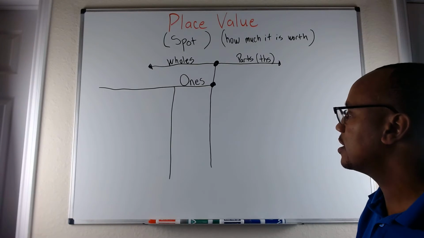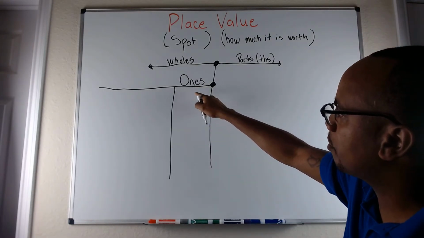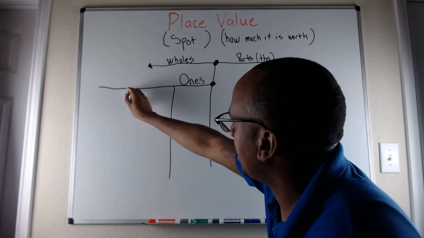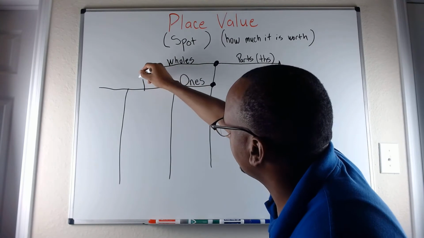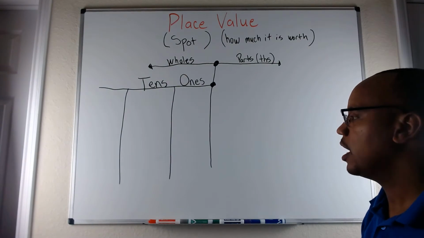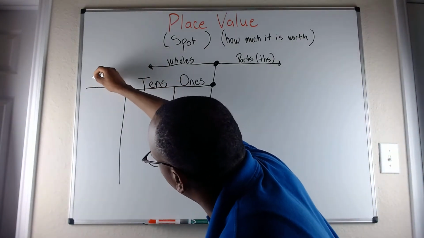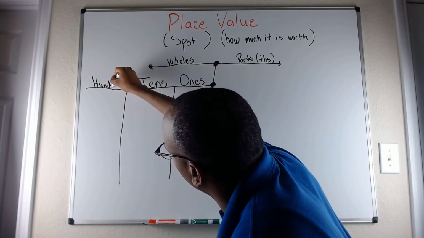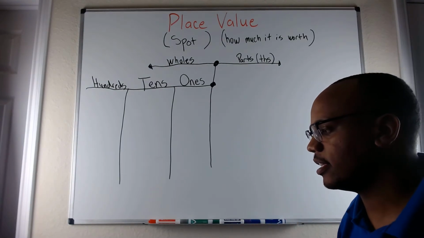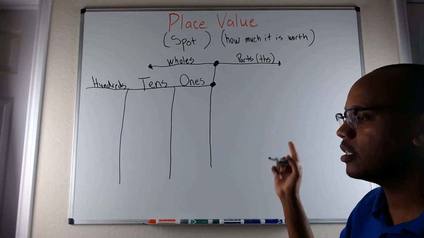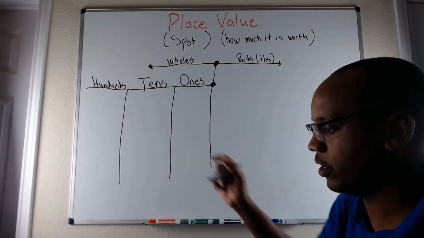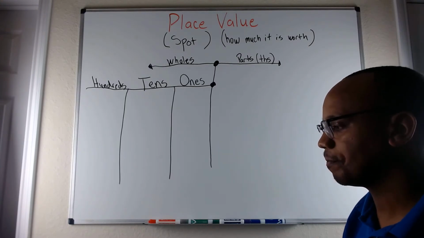Then the next spot is the tens, 10 wholes. And then for this example, I'm going to just go to the hundreds. But based on our base 10 system, 10 more will be 1,000, 10 more will be 10,000, 10 more will be 100,000, and on and on and on in the whole number direction on the left, right?